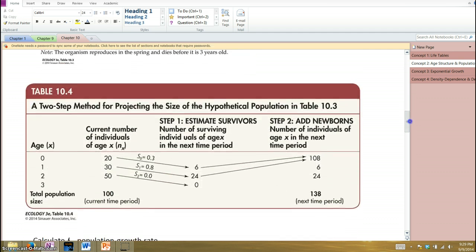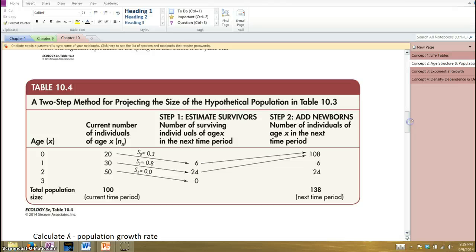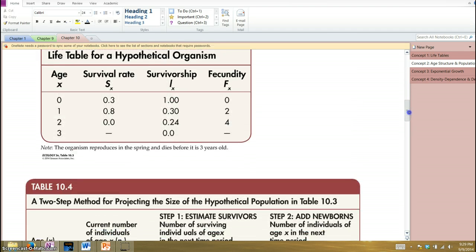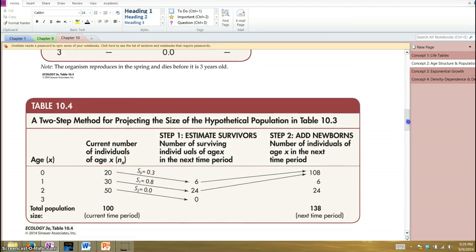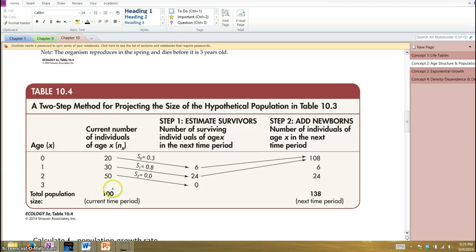Okay, so here are those survivorship rates. And so if in this hypothetical population at a given time period 1, or age x, we have 20 individuals that are born, 30 at stage 1, 50 at stage 2, and of course 0 at stage 3, giving us a population of 100.